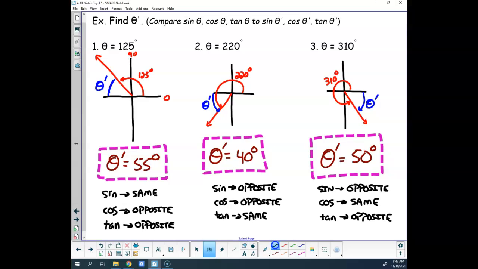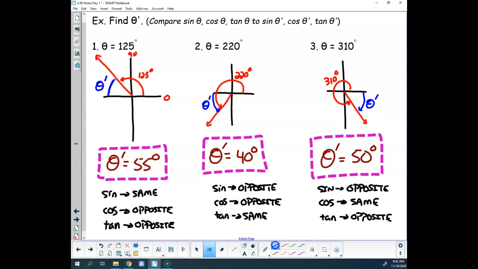Whatever it is, yours is going to be negative and mine's going to be positive. Okay? Know why? In quadrant 1, everything's positive, right? So in quadrant 2, sine would be the same because sine is positive in quadrant 2.